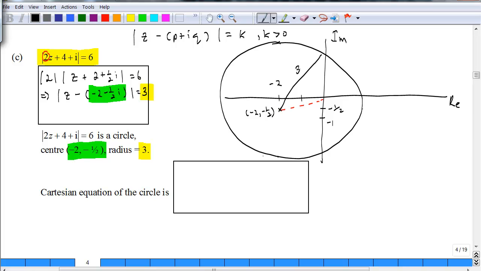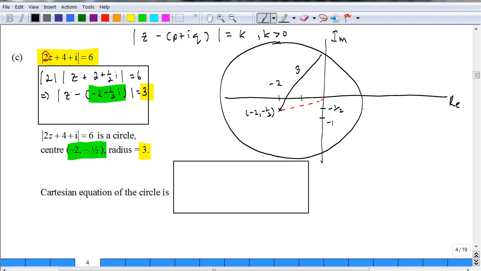Now, as you can see that I have drawn the circle using freehand, and the result is not so pleasing. So please make sure that when you present your answers in drawing the locus of the circle, please use a proper compass. Now we are also interested to find out the Cartesian equation of this circle.